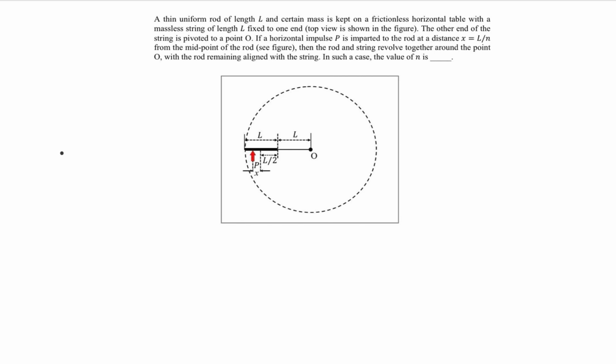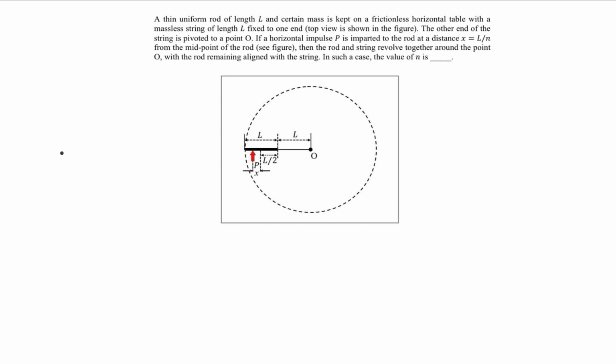Now what happens because of this impulse, the rod should start moving. But there is a constraint here that's given in the question that rod and string, they revolve together, which means that the rod and string are acting like a single entity and they are always in a single line and they are rotating around this point O. So they are making a big circle of radius 2L and both string and the rod are always aligned.